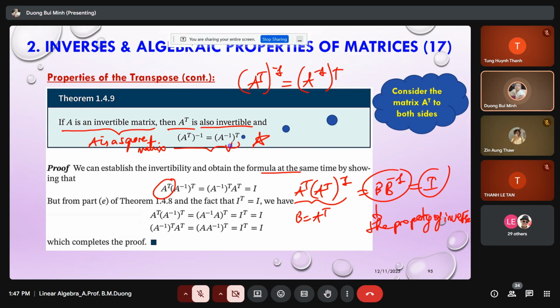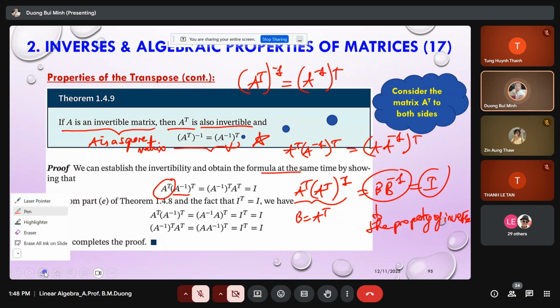Now we accept this one, so we have the transpose of A times the inverse of the transpose of A equal to the inverse of A, and then you take the transpose. Here you get A times the inverse of A, totally transposed. Sorry, it should be like this.